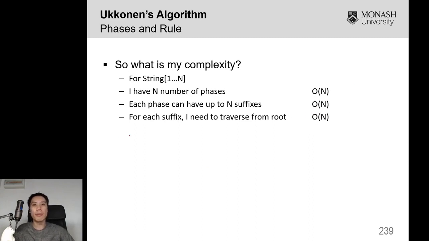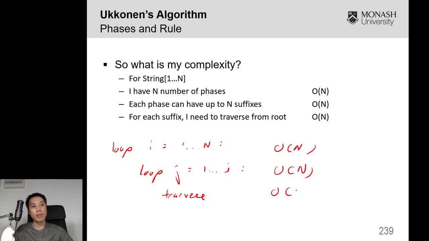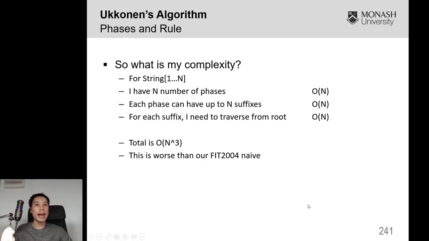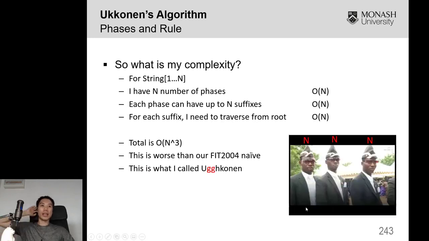Right, so I'm going to have a loop I equals 1 all the way to n, loop J equals 1 all the way to I, okay, and finally traverse. So this is O of n, this is O of n, this is O of n. So you're going to have O of n cubed, okay, which is actually worse than your naive construction.